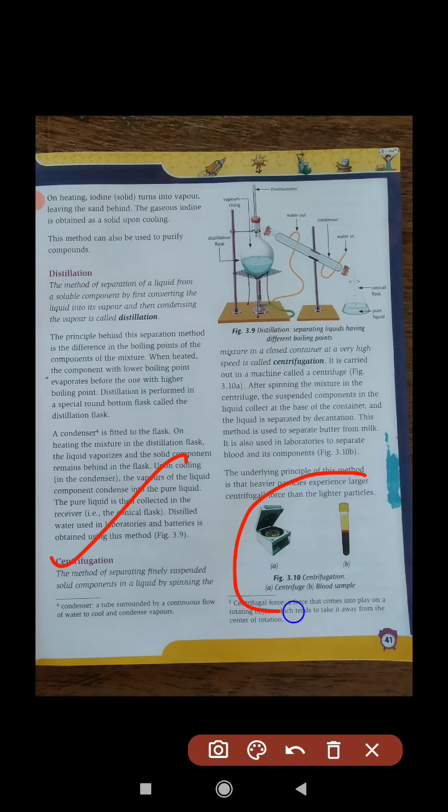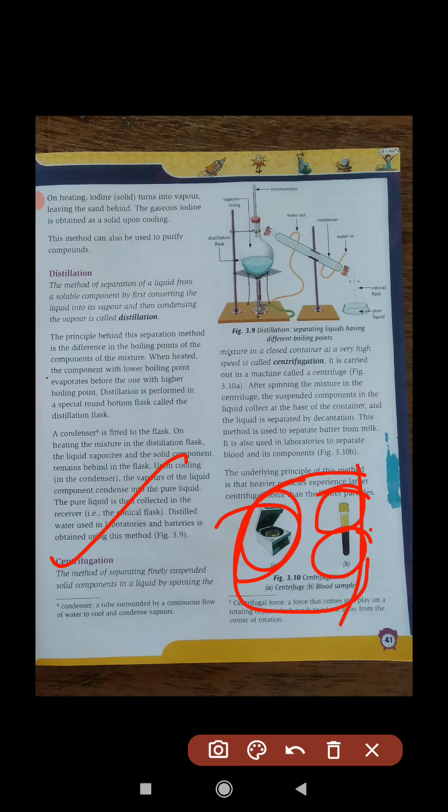Now students, another process is centrifugation. You know, a blood sample is collected when you go to a pathology lab, and they have this centrifugation instrument, because they separate the blood particles from the water and other things. Inside the blood there is around 60% water, minerals and different things, and blood is a colloid.